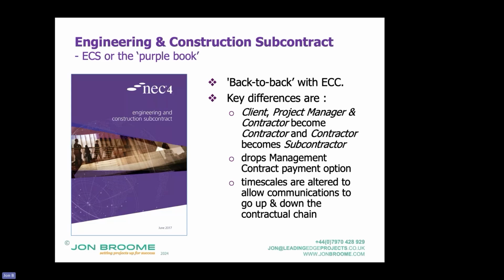The contractor has 4 weeks to respond to the subcontractor's quotation. So it should allow communications to go up and down, and providing a party passes them on quickly, then everybody should be within the timescales, and people do it within the timescales, which is another matter altogether. Things should happen, people should be compliant with the contract.